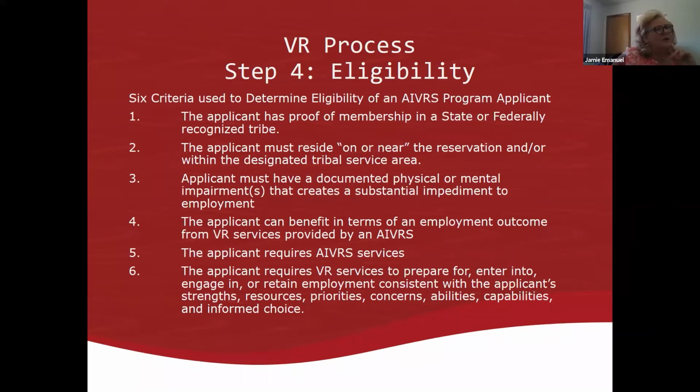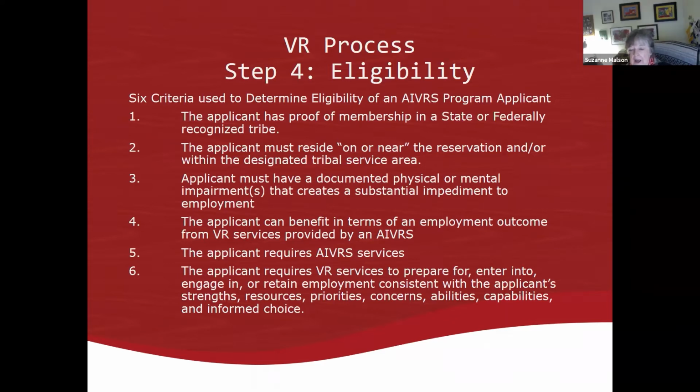Do you send a letter and tell them to bring documentation with them to that first appointment so that you can start gathering information for eligibility? Or do you go right from application directly into the eligibility portion? I'd like to hear from folks how they conduct their meetings and gather information. Good question, Jamie.